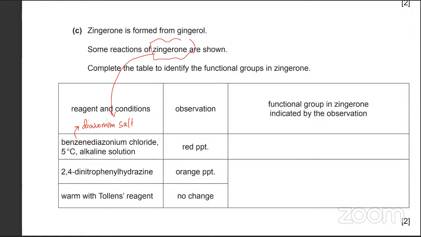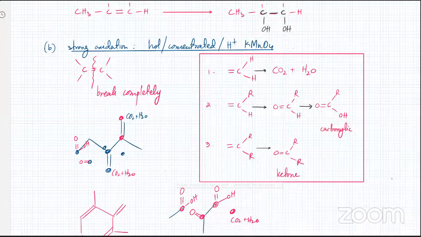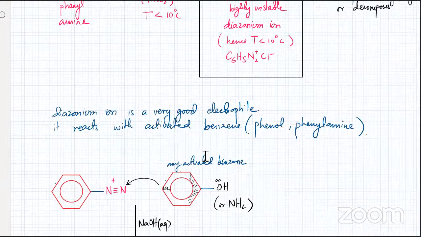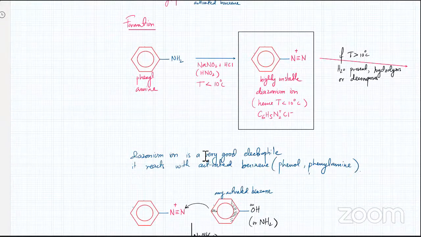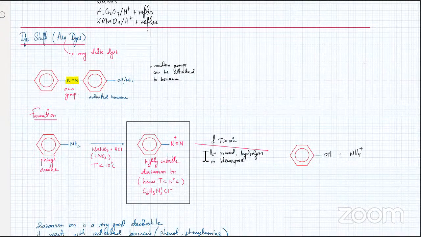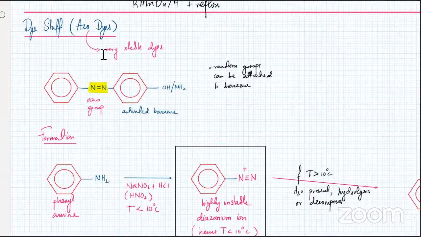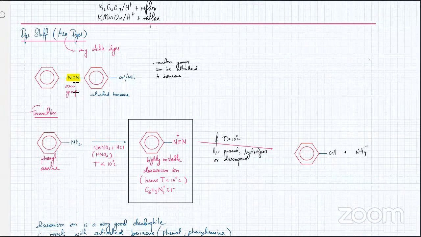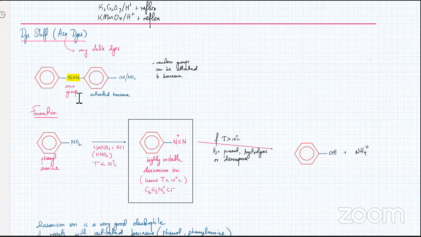So where did we learn about diazonium salts? We talked about diazonium salts when we talked about dyestuffs. We talked about azo dyes. They were very stable dyes that were formed when you had a benzene and there was an N=N azo group between them, and it's a very, very stable dye.